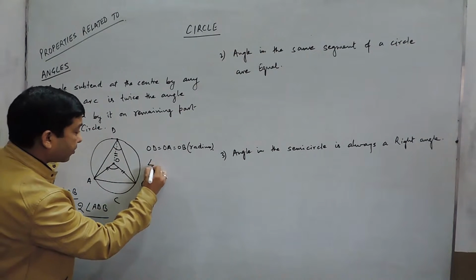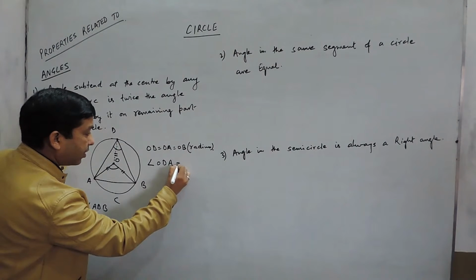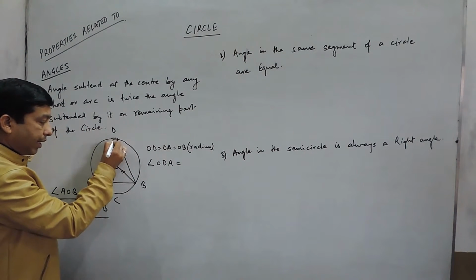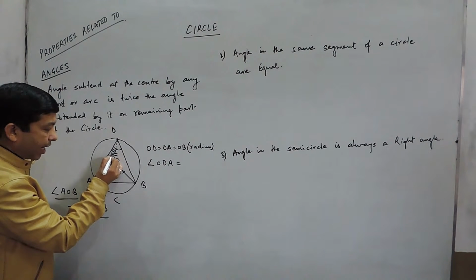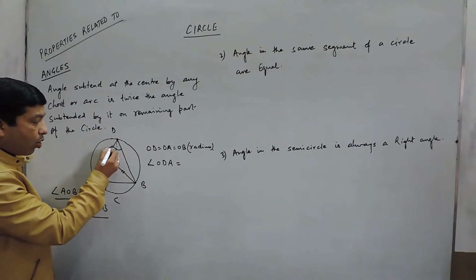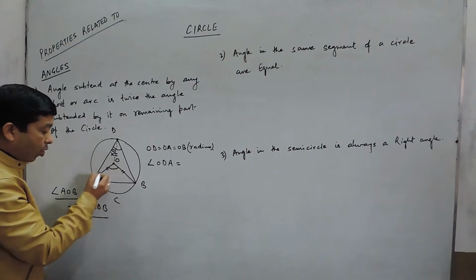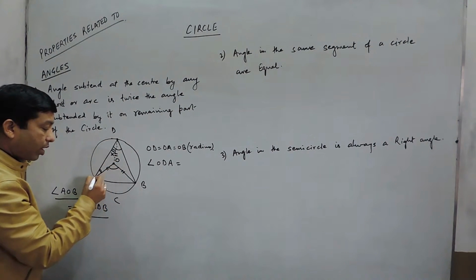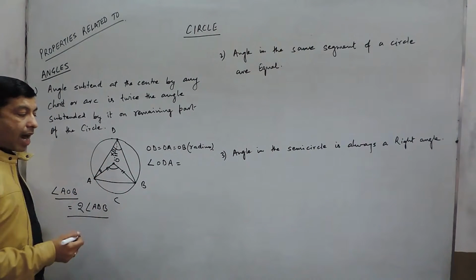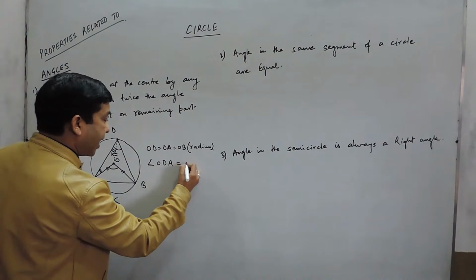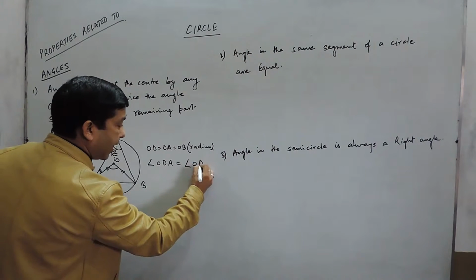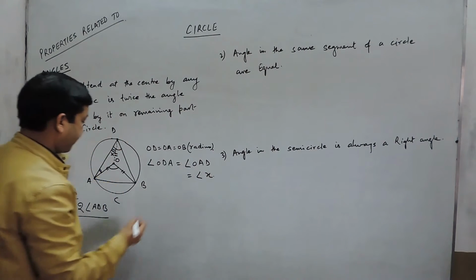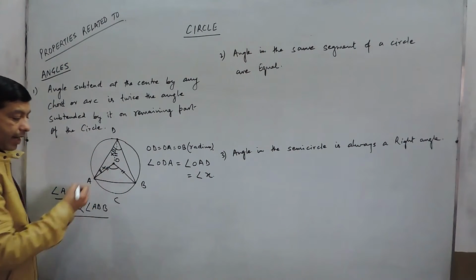Suppose we take angle ODA as X. Angle ODA and angle OAD are equal because these two sides are equal, so this acts as an isosceles triangle. So angle OAD is also X.